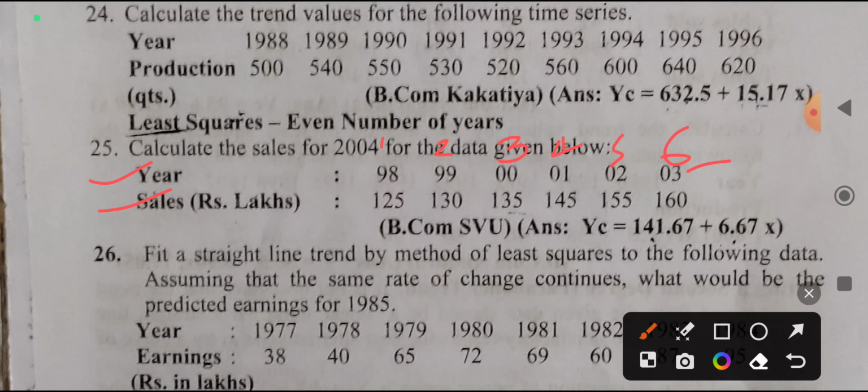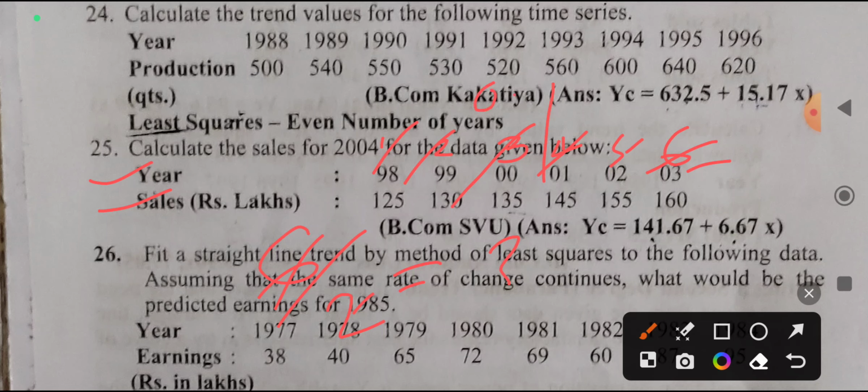So how to solve this one? 6 divided by 2 you do, it is 3, means 1, 2, 3 is one set, and 4, 5, 6 is the other part.